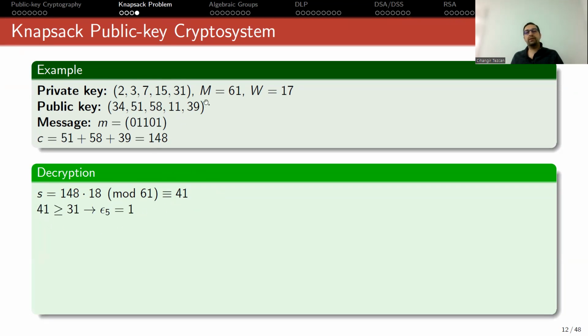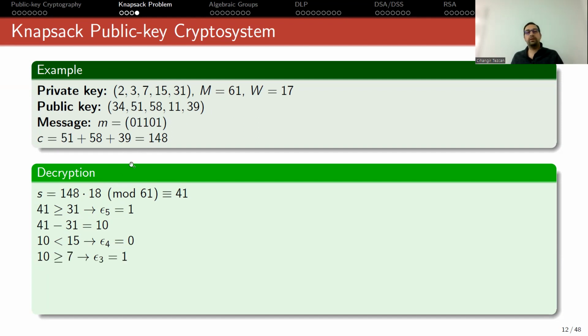You check if 41 is larger than the largest value in this private key setting. So yes, 41 is larger than 31. So you say that, okay, my bit has to be 1. Then I subtract 31 from 41. It is 10. Next step is checking if 10 is larger than the previous value, which is not. So I say that this bit has to be 0.